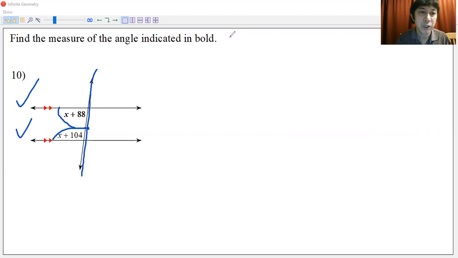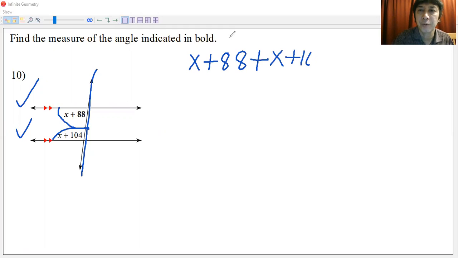So our working equation will be: x plus 88 plus x plus 104 must be equal to 180.